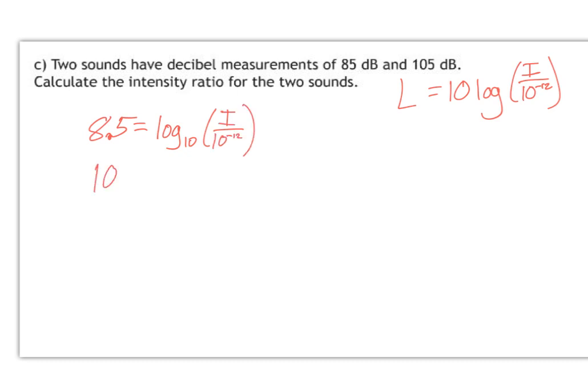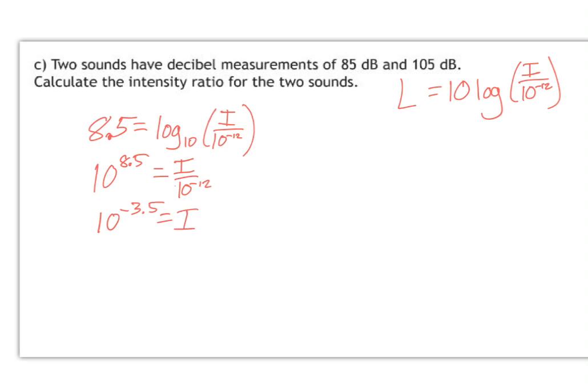Converting, we get 10 to the 8.5 is equal to, sorry, I forgot my I there, I divided by 10 to the negative 12. Multiplying that over, that's going to give me 10 to the negative 3.5 is equal to I. Okay, that's my first intensity.